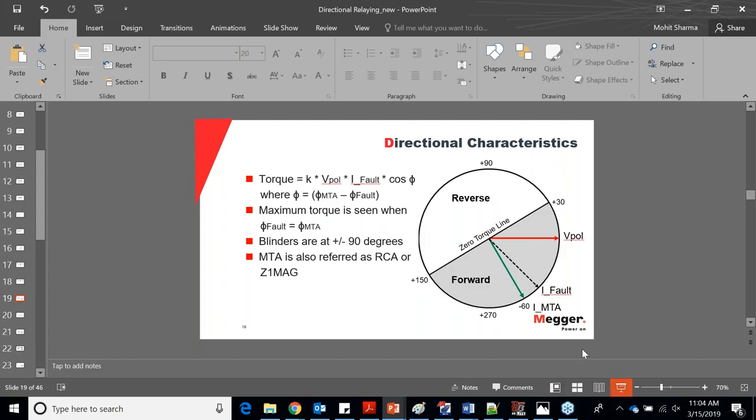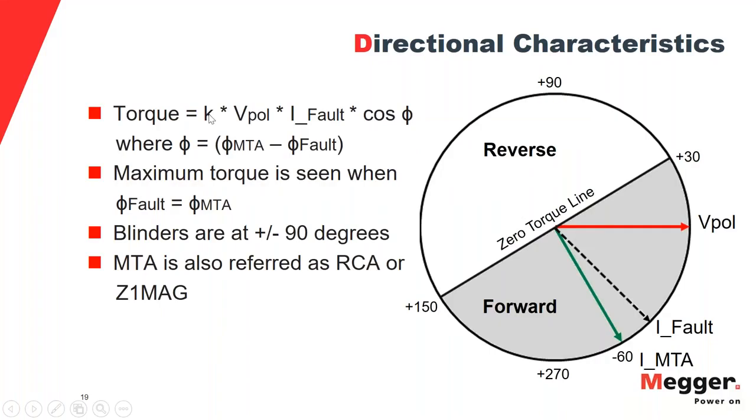Yeah, there you go. So this K factor is just a factor introduced for the calculations. You have the voltage polarizing quantity multiplied by your fault current times the cosine of phi. You always have this torque.